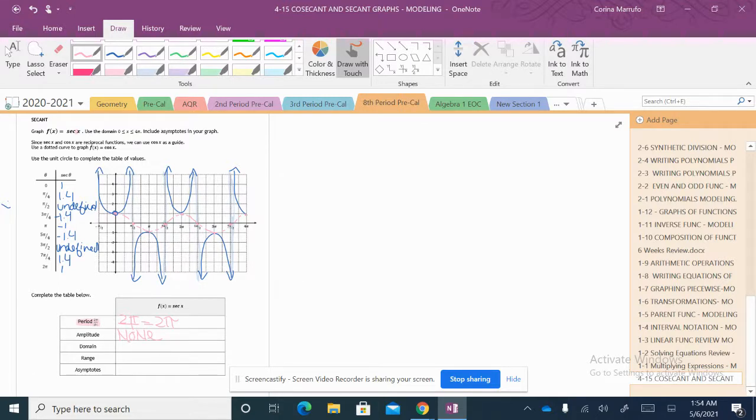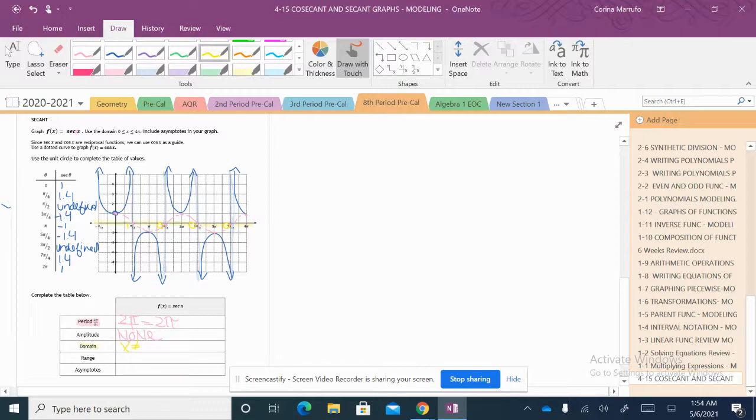And then domain. Our domain is going to cover all the x values except for where we have these asymptotes, which is going to be at pi over 2, 3 pi over 2, 5 pi over 2, 7 pi over 2. The pattern that we notice here is that this number in the front, 1, 3, 5, and 7 are all odd numbers. So x cannot equal these odd numbers.